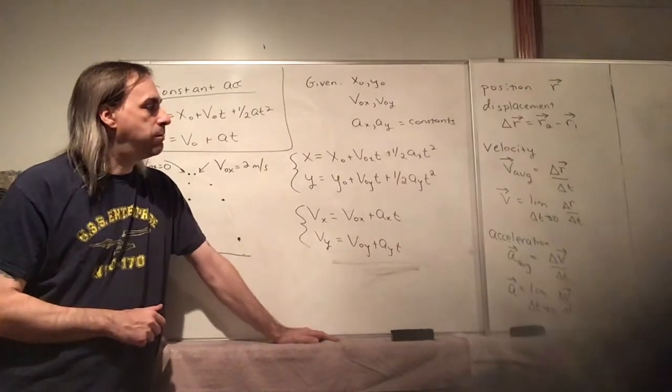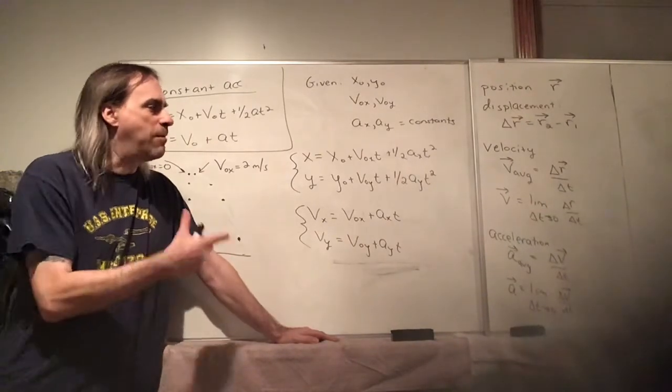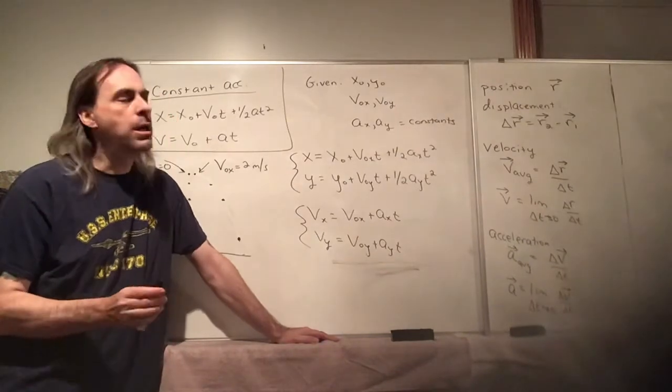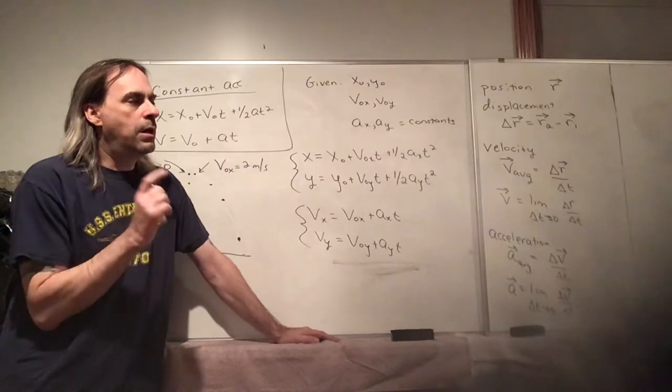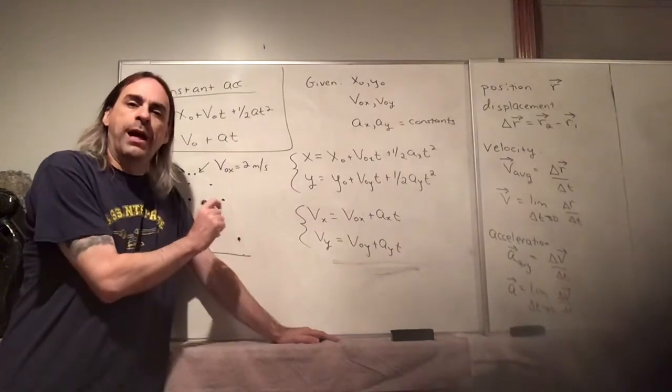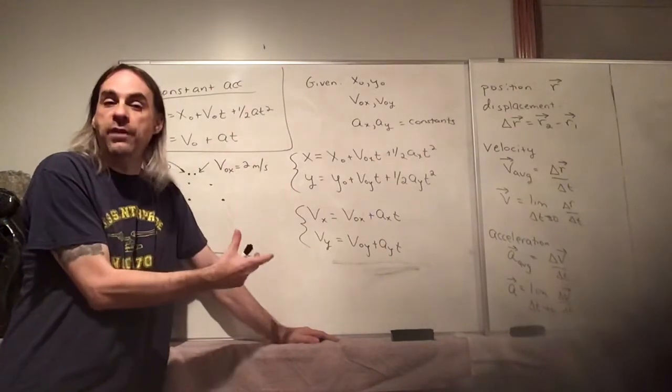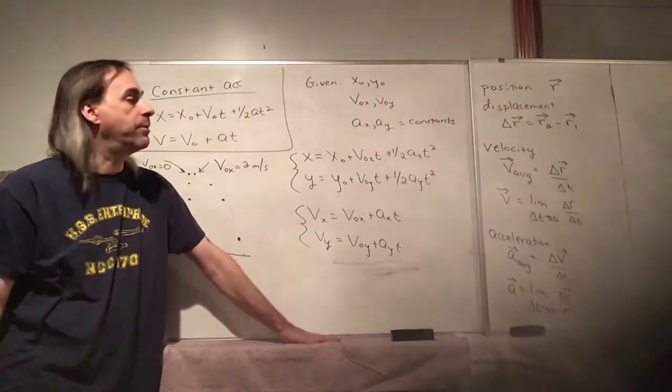And for the problems we're going to consider, that's true. I just want to be clear: physically, what's going on in the x direction can definitely affect what's going on in the y direction.